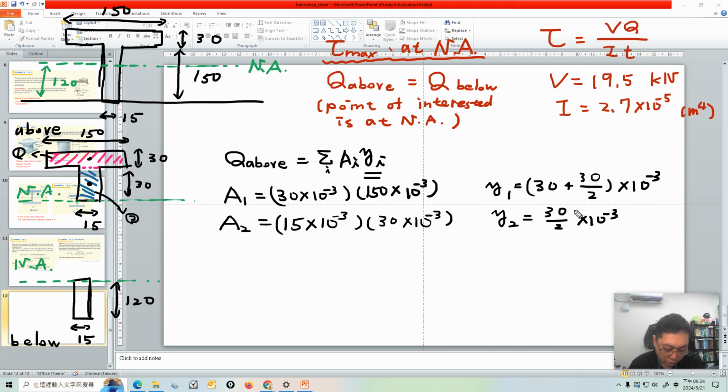Let me check. Is this correct? Oh, is it 30 or 50? Sorry, this geometry information is wrong.